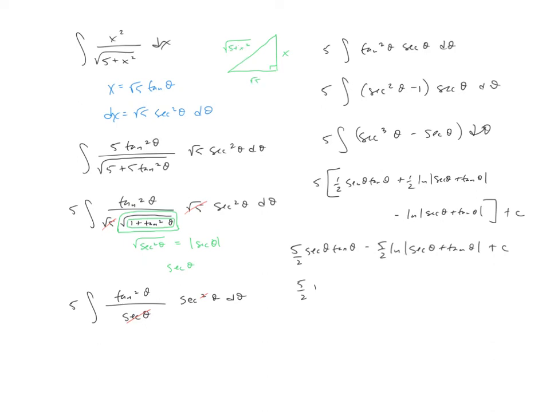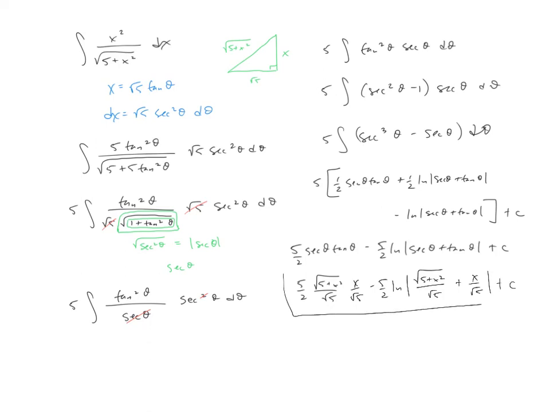So that's going to be the square root of 5 plus x squared over root 5. And then for tangent, we define tangent from the start. That's going to be x over root 5. And then minus 5/2 natural log absolute value. That secant we talked about before was 5 plus x squared over 5, all square rooted. And then plus the x over root 5 plus c.